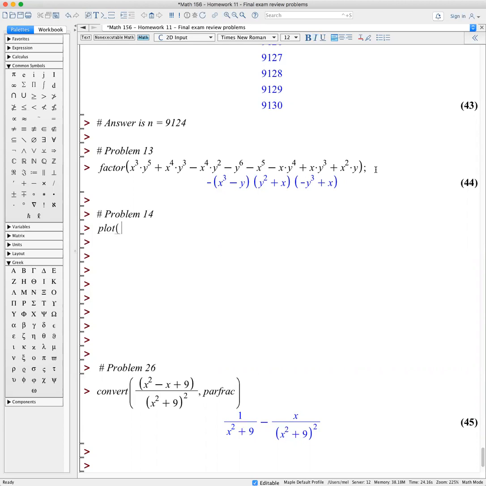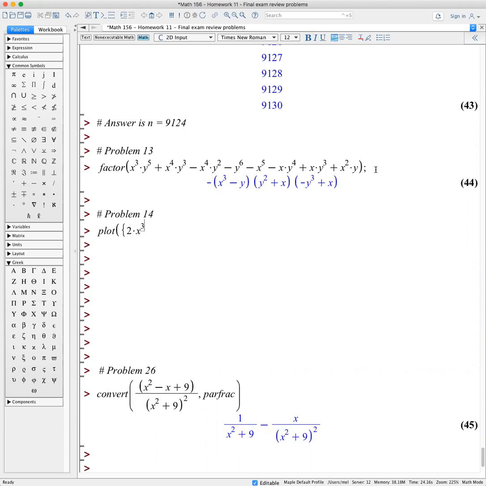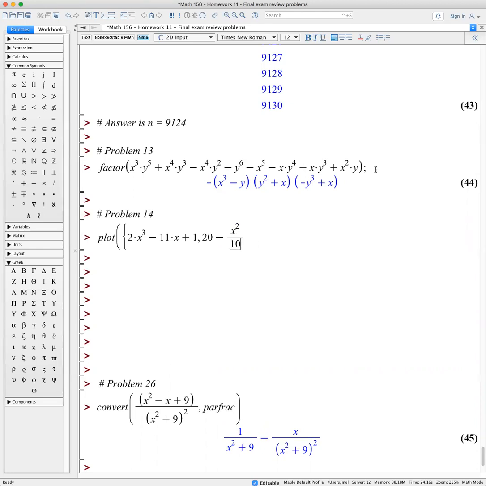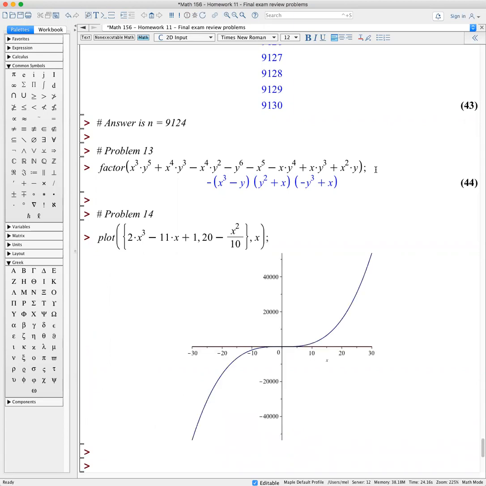I put the curves in curly brackets. 2 times x cubed minus 11 times x plus 1 is one curve, and 20 minus x squared divided by 10 is the second curve. So we have a cubic curve and a parabola.